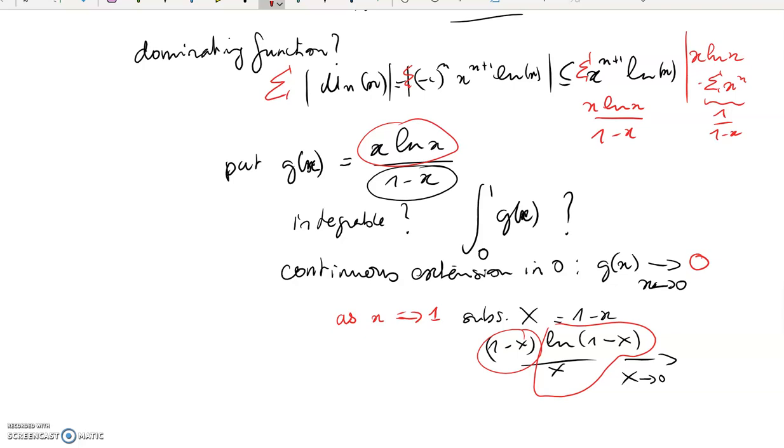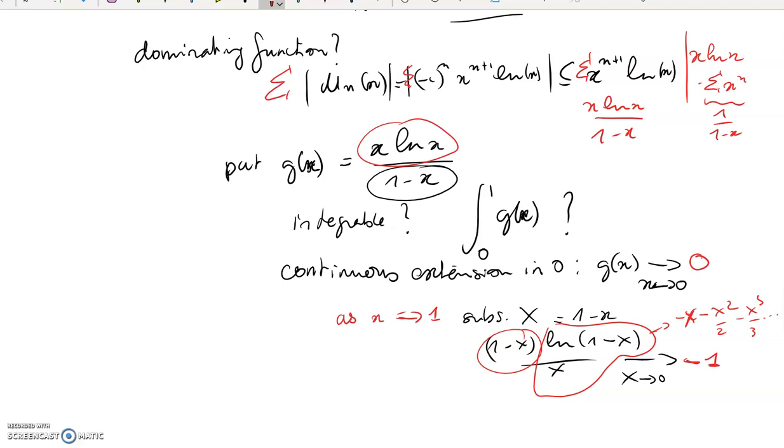You can do, for instance, a power expansion of log of 1 minus X. Log of 1 minus X is just going to be minus X minus X squared over 2 minus X cubed over 3, and so on. You divide it by X, and it tends to -1 as X tends to 0.